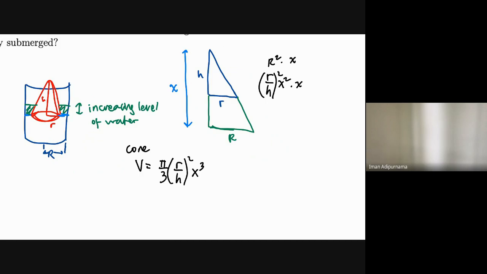Okay. So this is actually the volume from the big R, pi R squared. Sorry, so the pi R squared x. Okay. This is, imagine, the cone is inside the water. So it has the additional r.